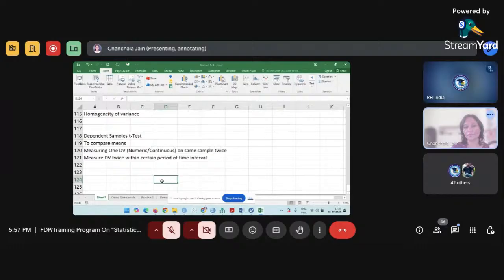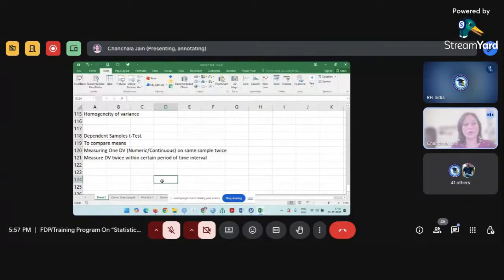Yes, ma'am. So suppose I have taught 30 students, right? And the same 30 students should be present in the second test also. So there is a possibility of dependency, because I am taking the score of one person twice, right? What is the knowledge level of his or her presently, and after that particular period of time, how he or she is indicating the knowledge level.